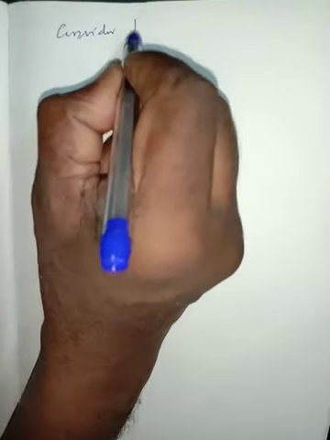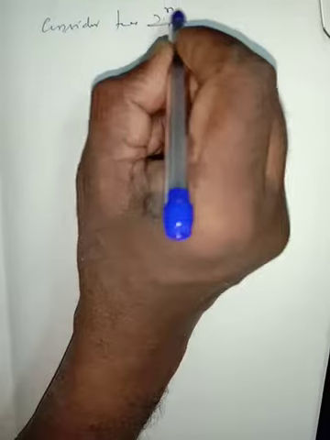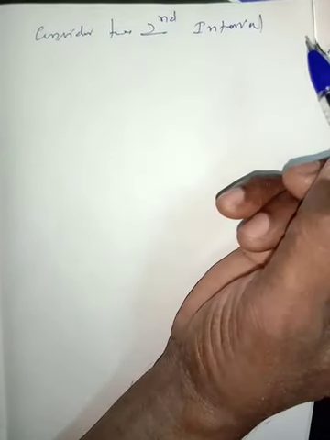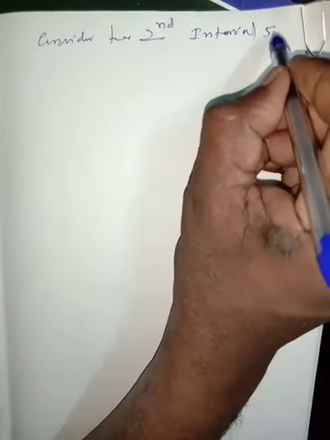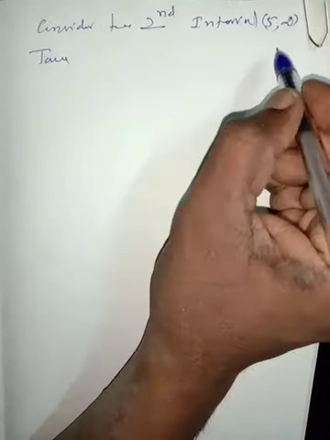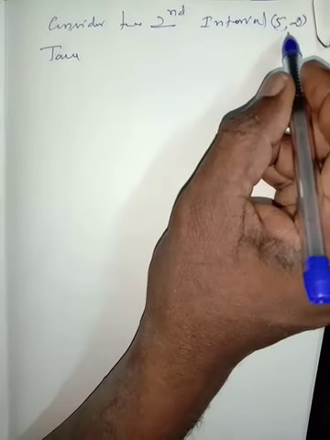Next, consider the second interval, 5 comma positive infinity. Take any one number: 6, 7, 8 and so on.